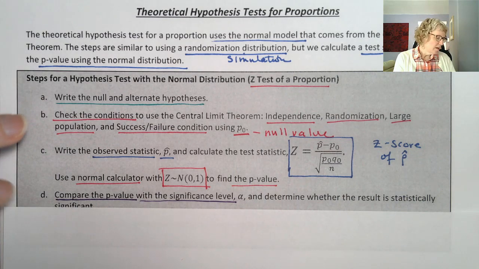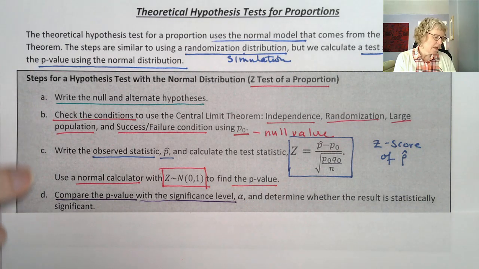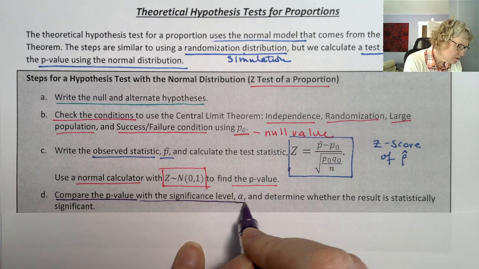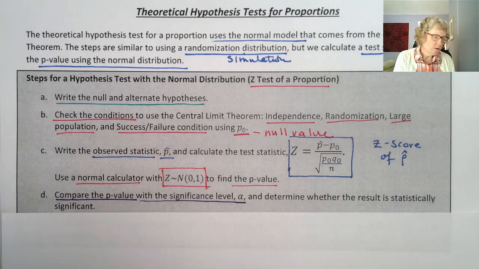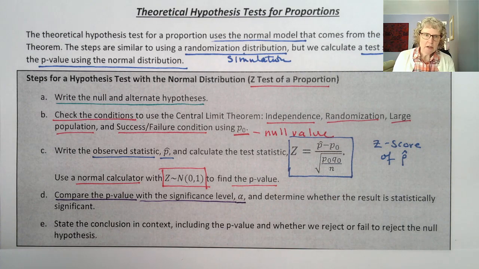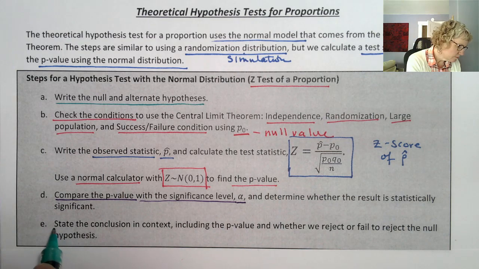Once you get your p-value, then it's the same as we did with the simulation. The middle part is the different part. So once we get our p-value, we'll compare that with our significance level alpha, and then we'll determine whether the result is statistically significant or not. Then we'll state our conclusion.